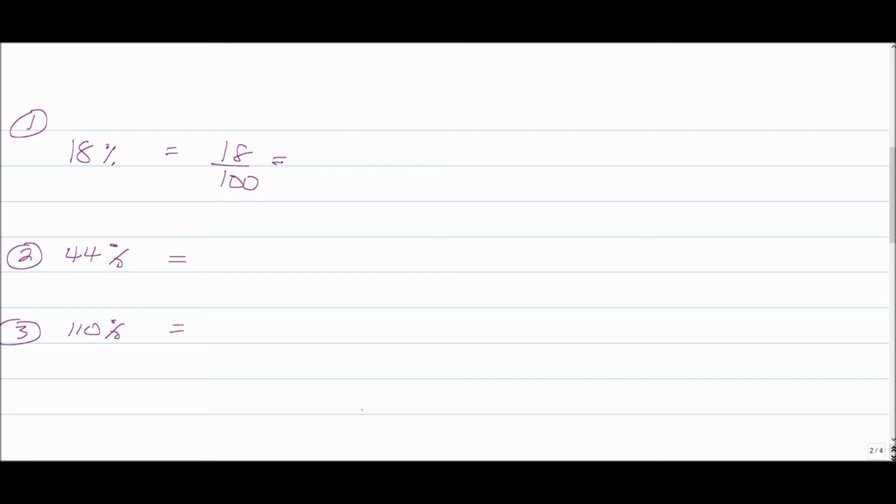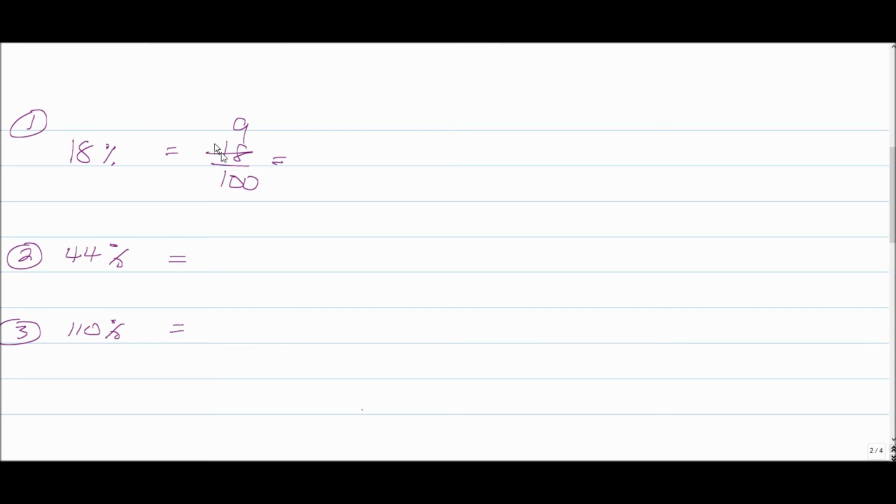So now we're going to examine the first 6 items of exercise 2 on page 77. We have 18%, and we need to change this 18% to a fraction, and we will simplify as best as possible. So we have 18%, which is really what? 18 over 100. And 2 can go into 18 9 times.